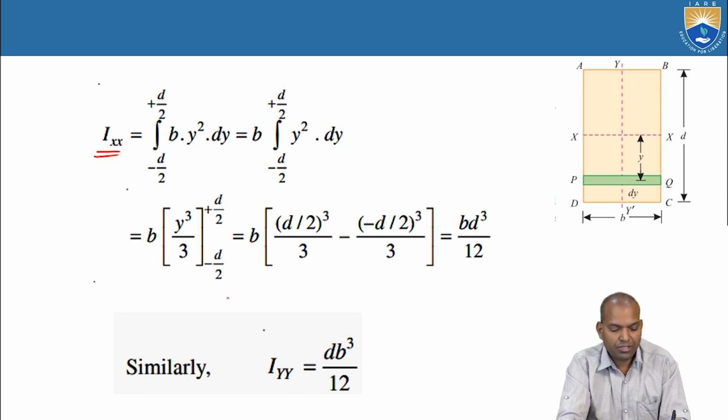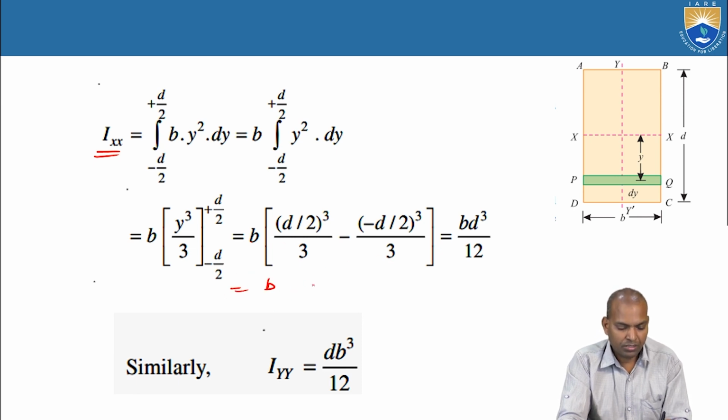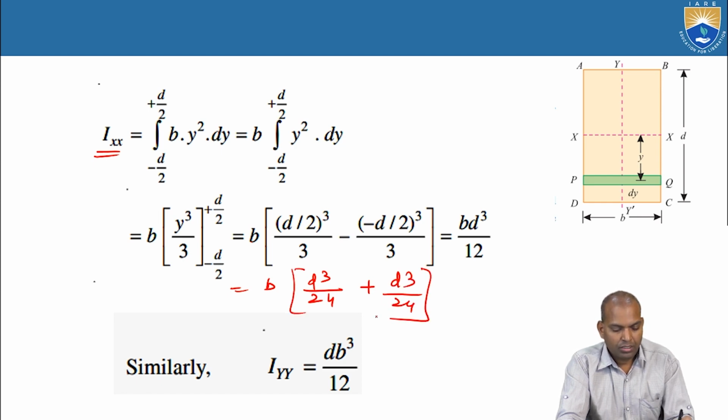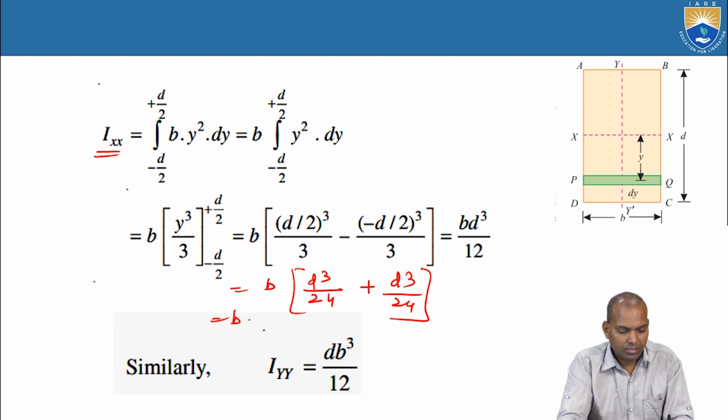If you simplify, b times d cube by, what is the value here? 2 times 2 cube, 2 2s 4, 2 4s 8, 8 by 3, 24, minus of negative, plus, that is d cube by 24. Now that is b d cube by 24 twice, that is 2 d cube by 24, which is 12.